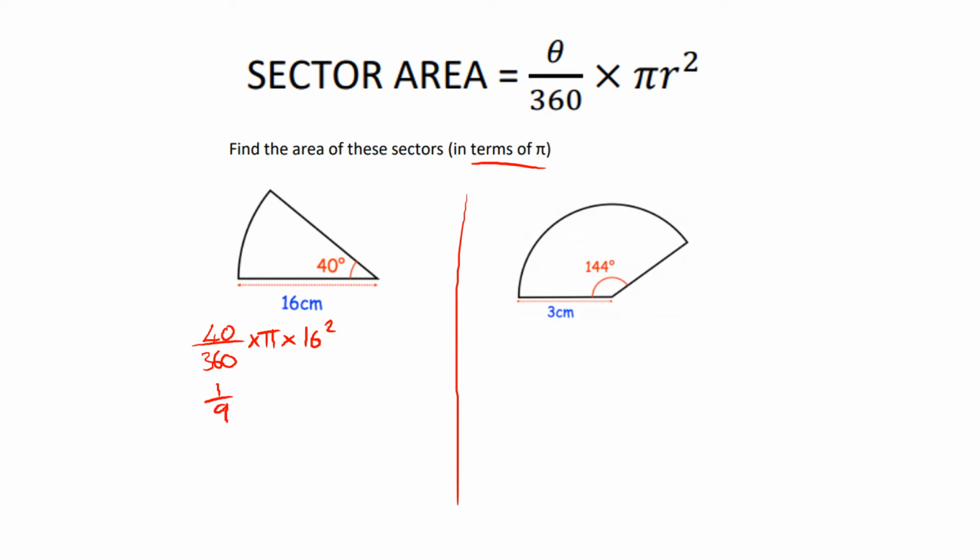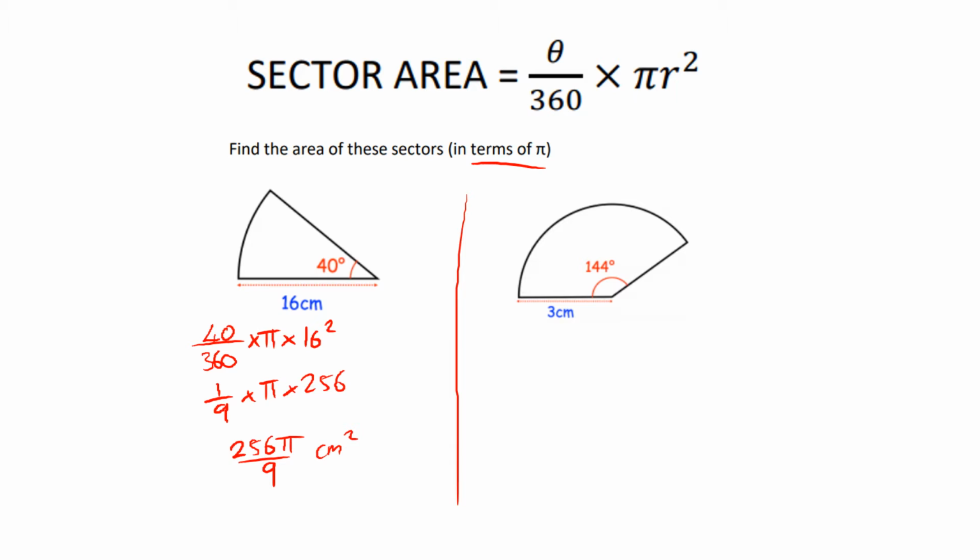Now I'm simplifying this a little bit, because 40 goes into 360 nine times, and 16 squared is 256, but we can't really simplify it any more than that. This would just be 256 pi over 9. And we should say centimeters squared because area has units. You can't really make that any simpler without putting it into a decimal, and the question does say put it in terms of pi. So you should try the question on the right.